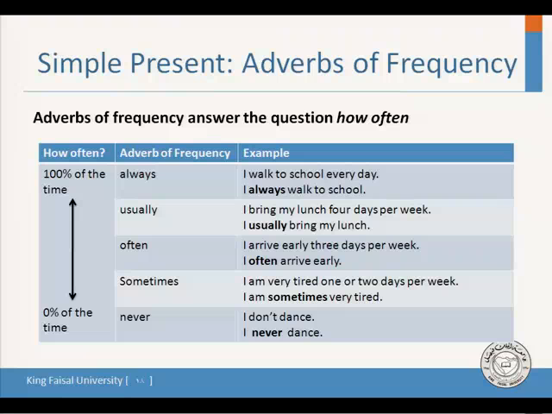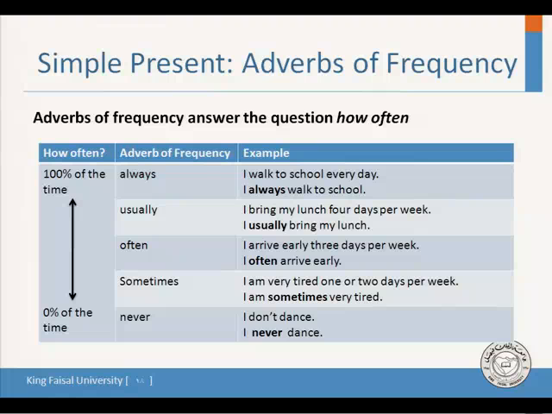Often, you see, I arrive early 3 days per week. So 3 days I am early and 2 days I am late. So I often arrive early. Always, usually, then often. I am very tired 1 or 2 days per week, which means sometimes.